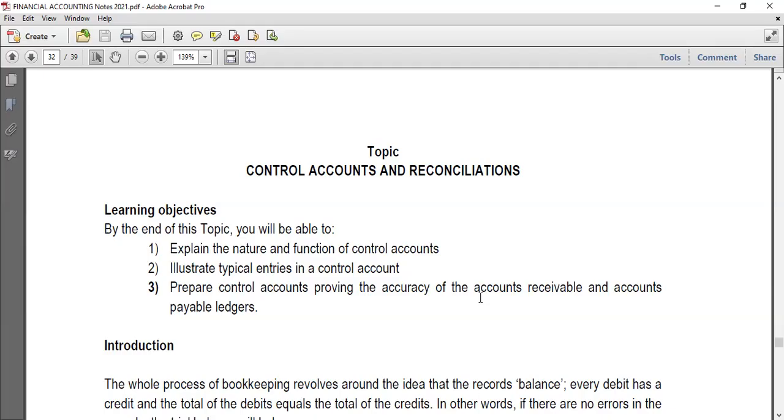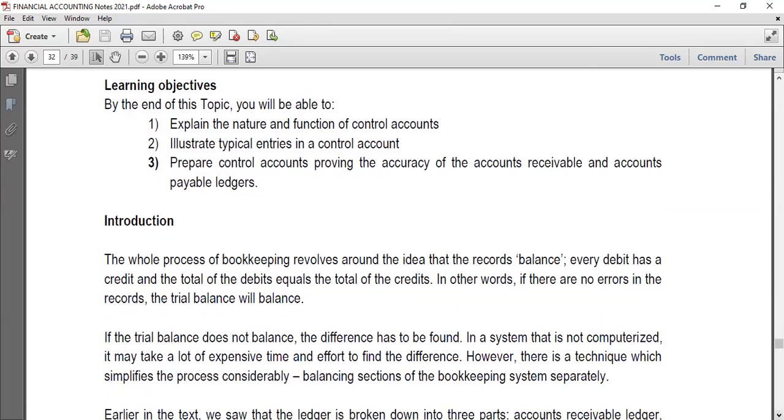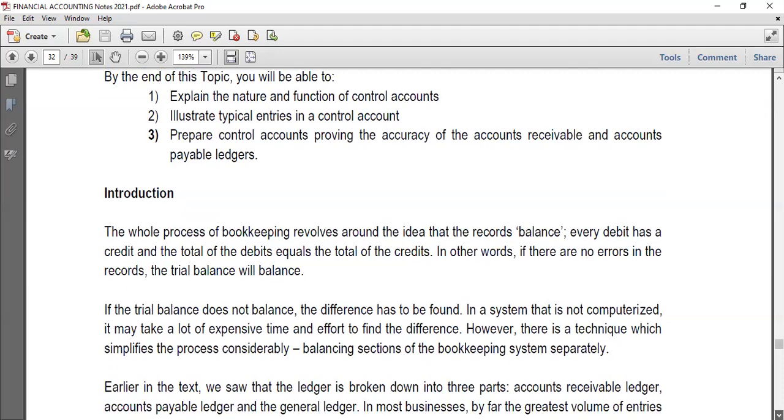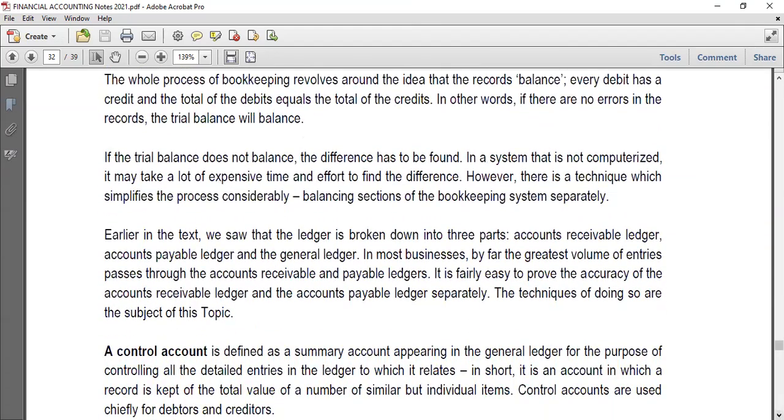We also want to be able to illustrate typical entries in a control account. And then we should be able to prepare control accounts, proving the accuracy of the accounts receivable and the accounts payable ledgers, okay? We are going to understand this as we go down.